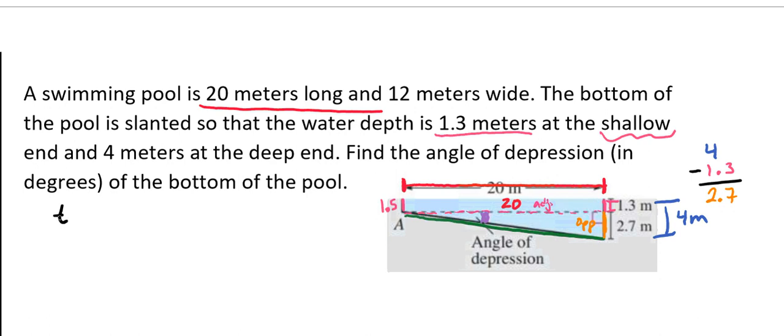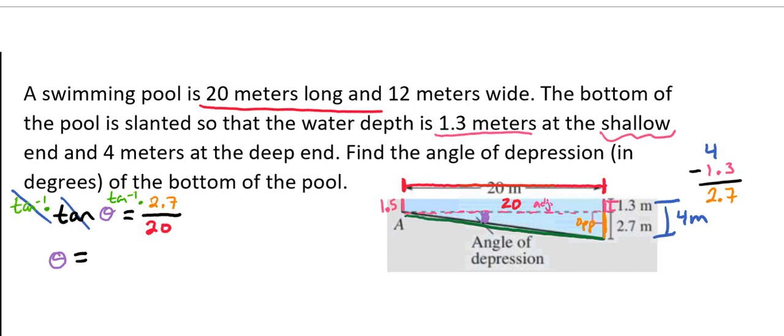So here, the tangent of our angle theta is going to be our opposite side, which is 2.7, over our adjacent side, which is 20. Because we're trying to find our angle, we're going to left multiply by the inverse of tangent, which allows us to cancel out that tangent, separating the theta.